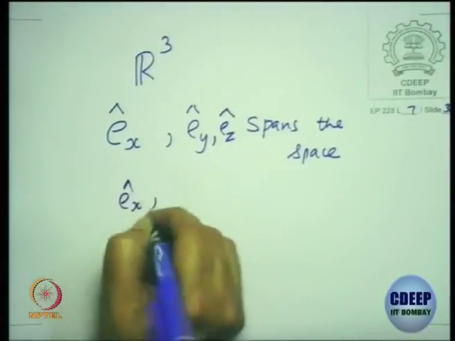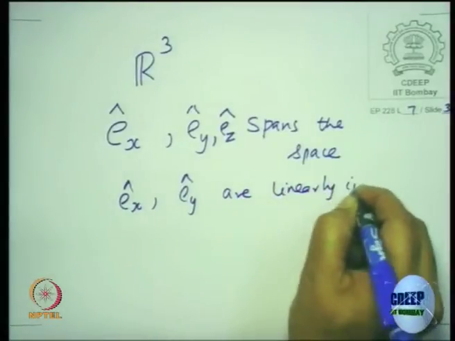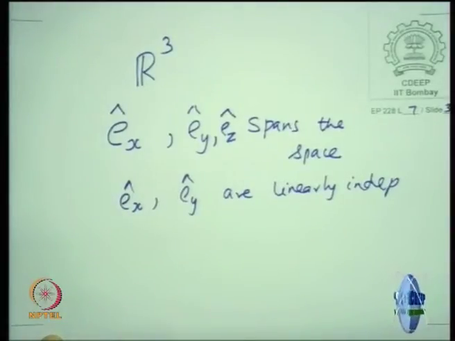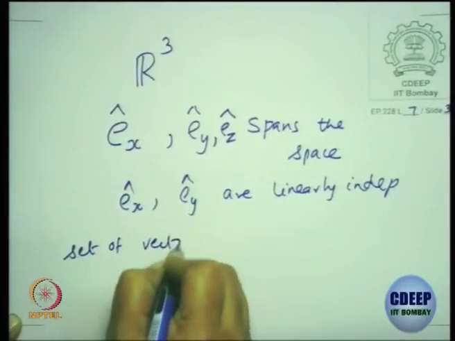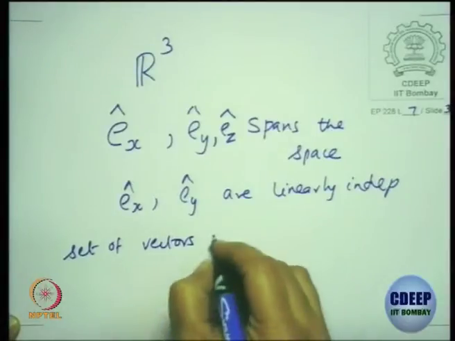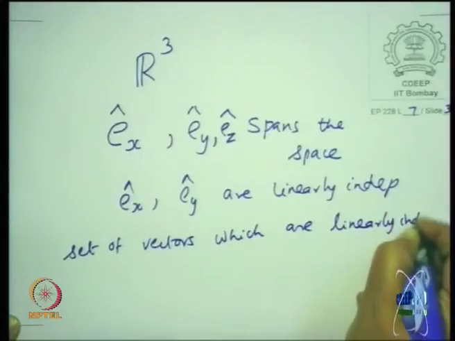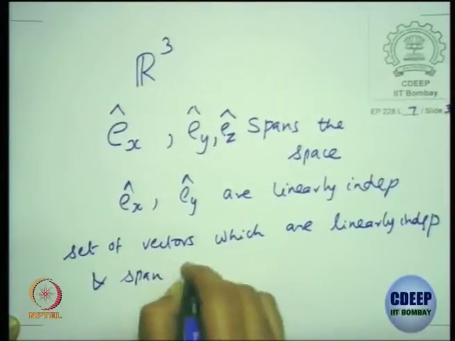You could say Ex and Ey are linearly independent. Right? Ex and Ey are linearly independent, and to span the space which is R3, you need 3 of them. So you should have a set of vectors which are linearly independent and what? And span the space.